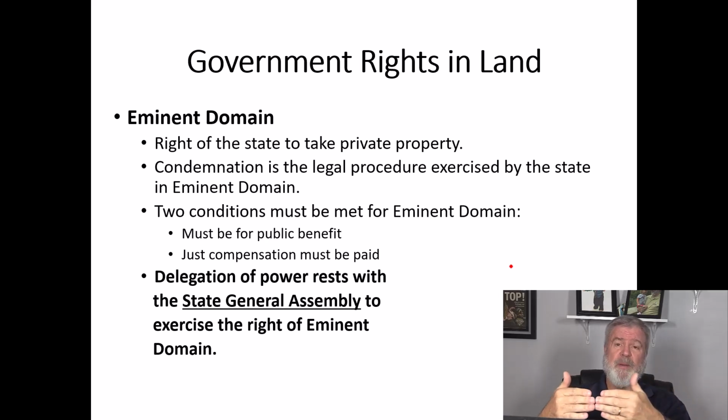Because depending on how much property I own, and you take 15 feet of it to widen the road, I might only have 10 feet between my front door and a major highway now. Potentially, but I say I'm making it up. I've actually seen it. I've actually seen where the road now goes right in front of you. You walk out that front door and fall down, you might be in the highway. That could have a very negative impact on the value of what's left.